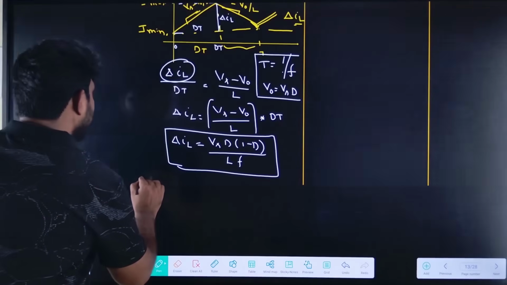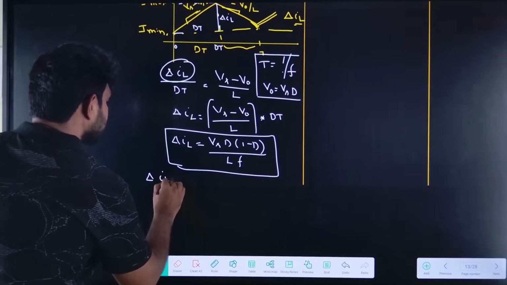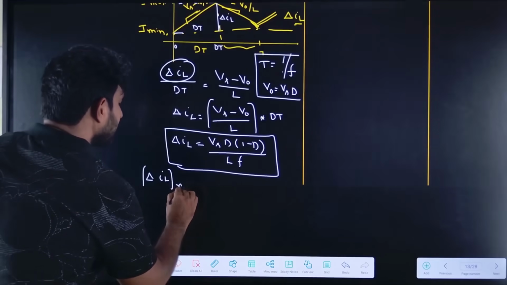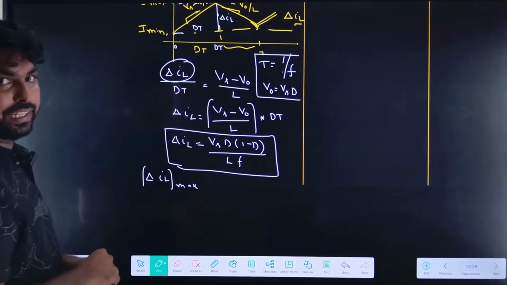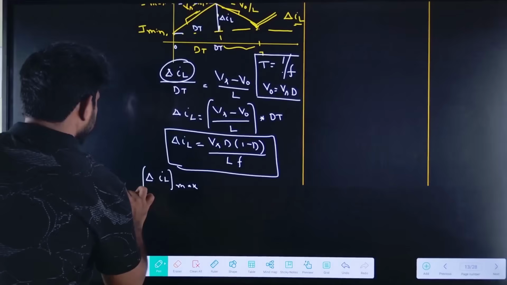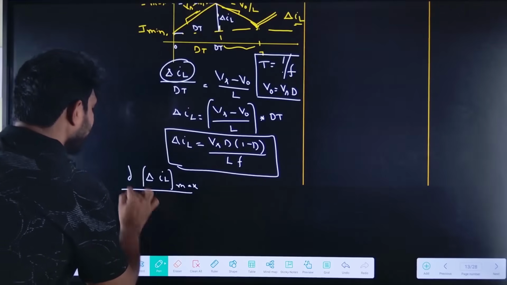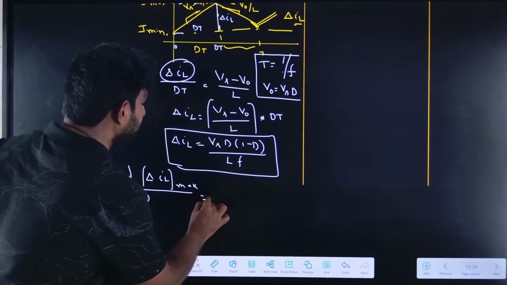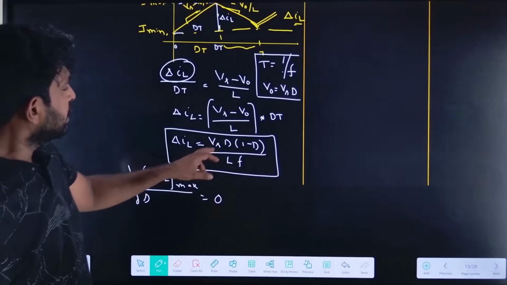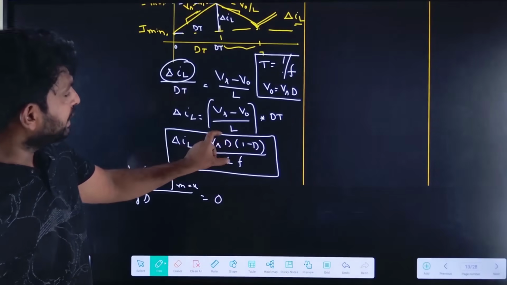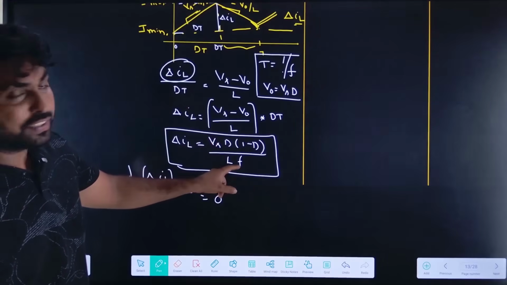Now let us find the delta IL max with respect to duty cycle. So I need to find dou delta IL by dou D, which should be equal to 0 to get the maximum value. Vs by Lf is constant.